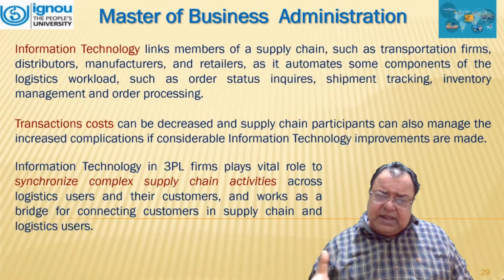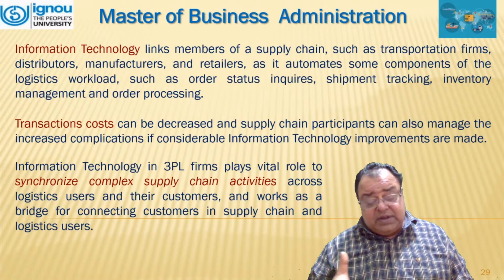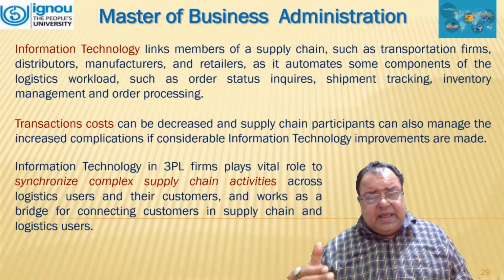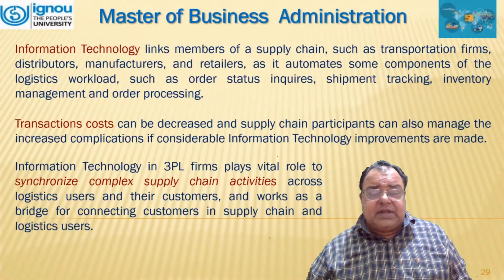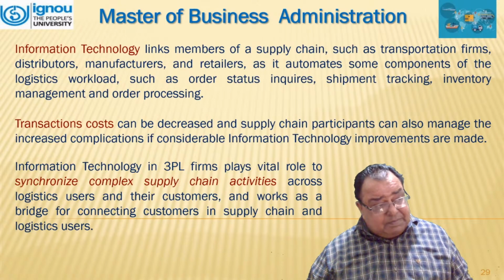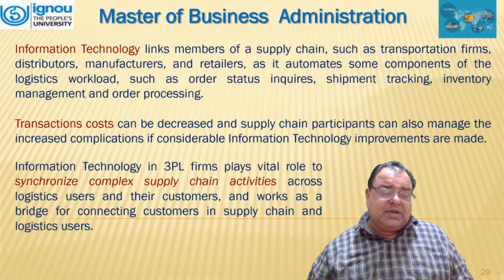Information technology links members of the supply chain such as transportation firms, distributors, manufacturers, and retailers as it automates some components of logistics workload such as order status inquiries, shipment tracking, inventory management, and order processing.